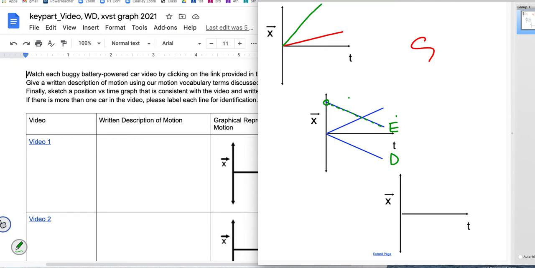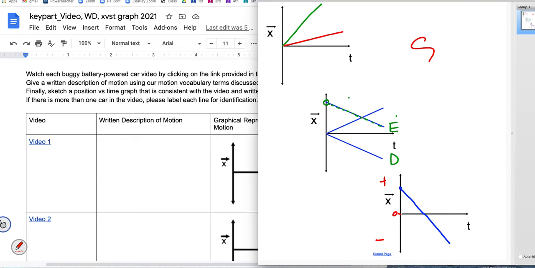Could an object start at a negative position? If so, what would that look like? Well, keep in mind, right on the time axis, that is a position of 0. Anything that is above the time axis would be positive positions. Anything below that time axis would be negative positions. So if an object started at a positive position and moved in a negative direction towards a position of 0 and then continued to move in a negative direction, the graph would look like this.